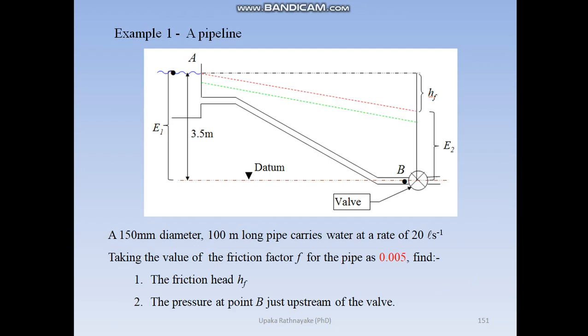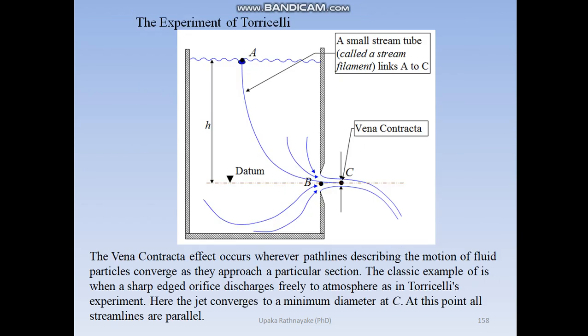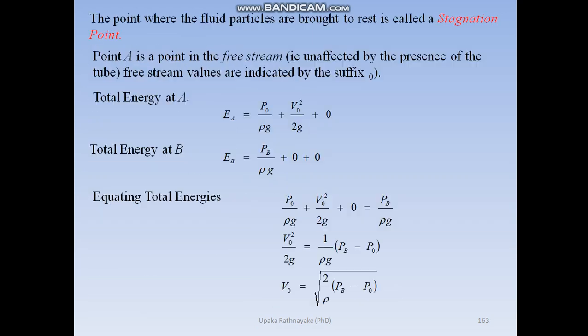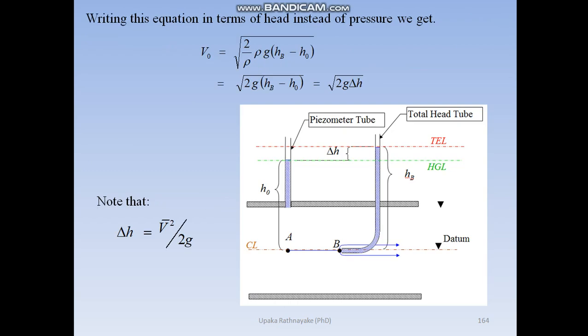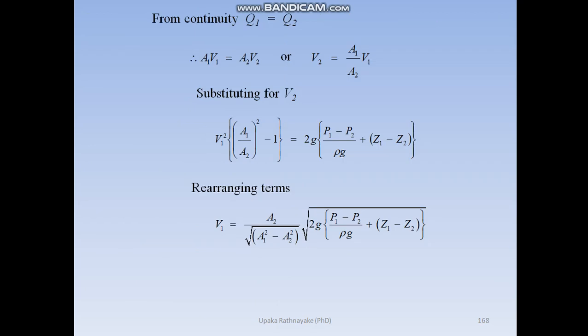Refer to these worked examples and understand the application in the environment of negligible minor losses. Starting from a pipeline, then a nozzle, then Torricelli's experiments, piezometer tubes and pitot tubes, then the discharge measuring devices like venturi meters and orifice meters.